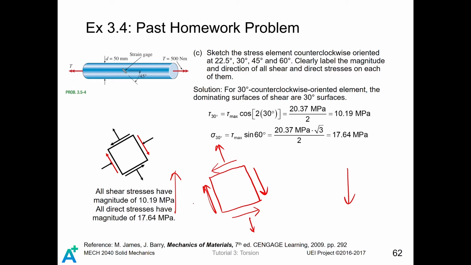It is compressive in other directions. That's done. So we have determined the direction of all shear and the direct stresses on this stress element. The magnitude of the shear stress acting on it is 10.19 million pascals, while the magnitude of all axial stresses is given by 17.64 million pascals by using the equations we derived before.